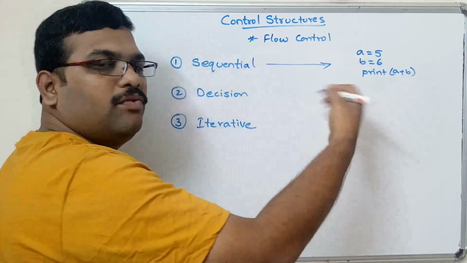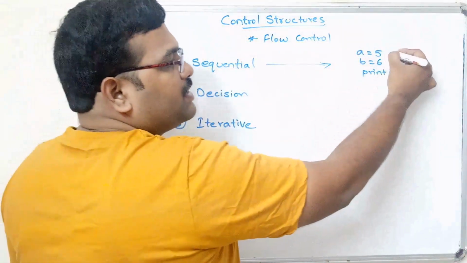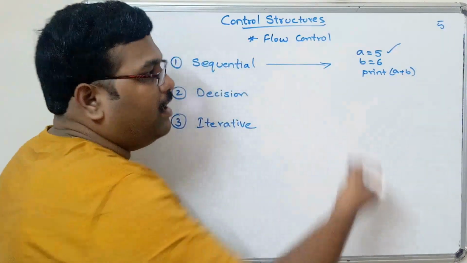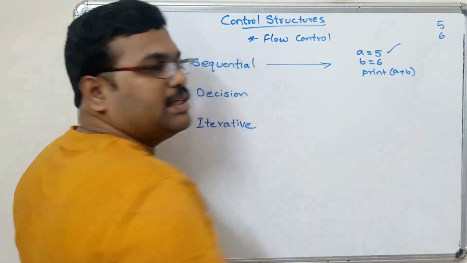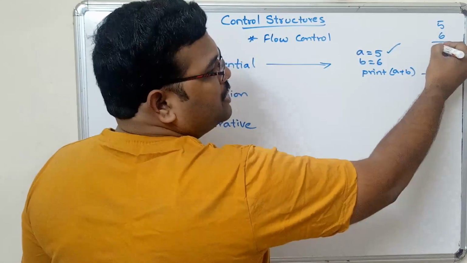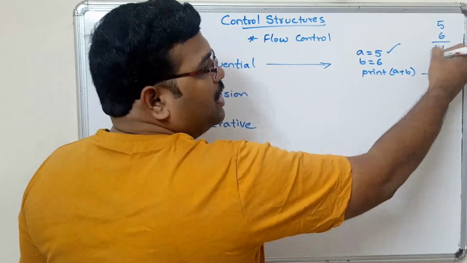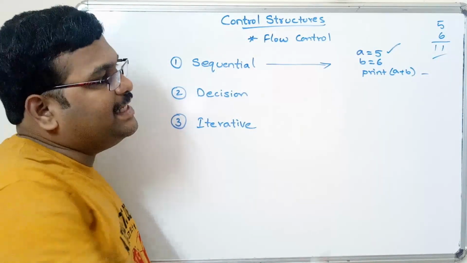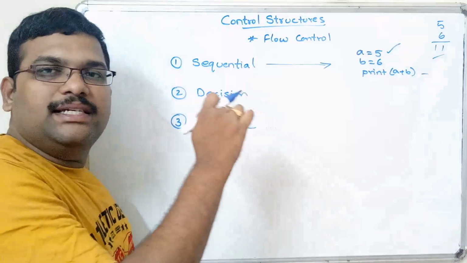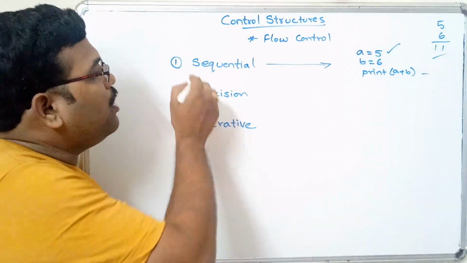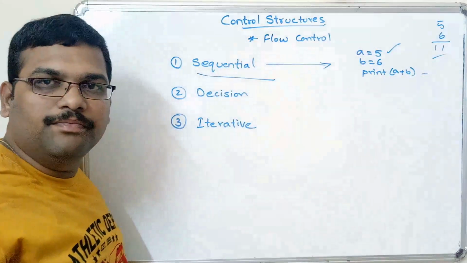Here the control flows sequentially. The first line is executed and 5 is stored in a, the second line is executed and 6 is stored in b, and in the third line the result 11 is displayed on the output screen. This is a normal sequential execution, line by line.